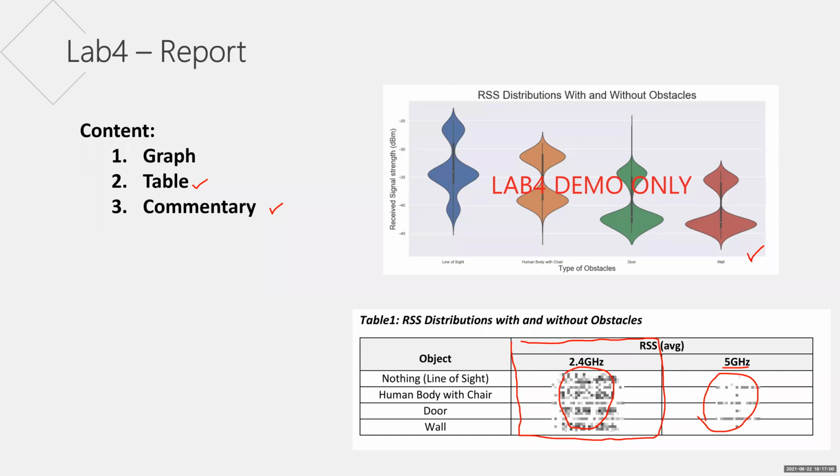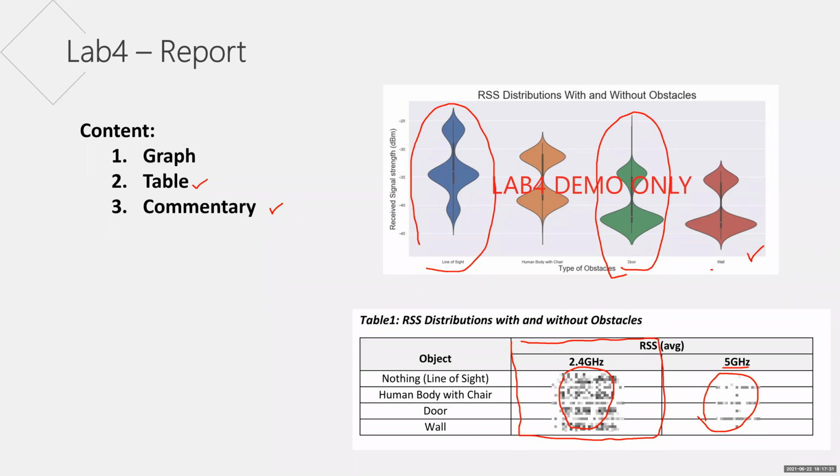Do we have to plot the same graph for all cases, or can we do individual ones? Yes, you can do individual ones, but our idea is to compare them. Like we want to compare the LOS environment, line of sight environment, with one kind of obstacle. So you should make them very clear to compare.